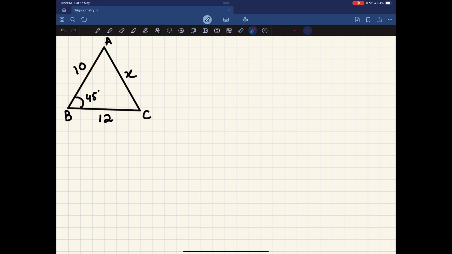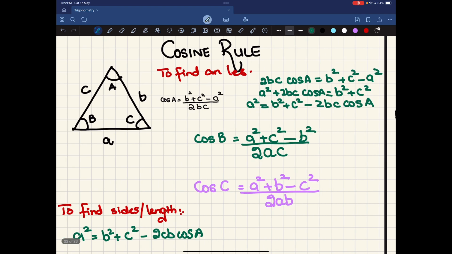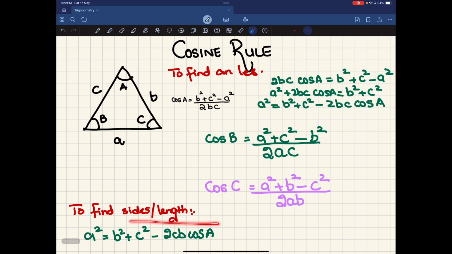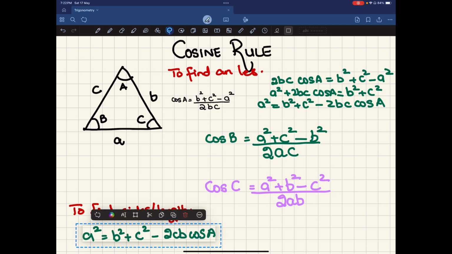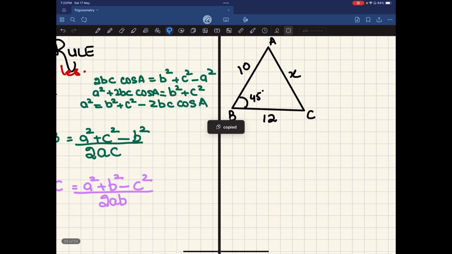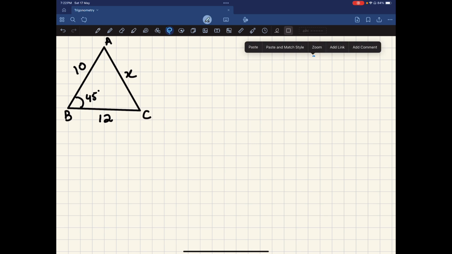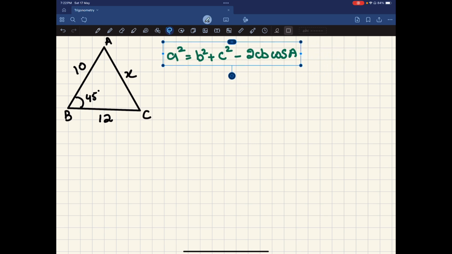Okay, so let's see. We can either apply this formula directly. Okay, let's copy it to find the length. So what is a square?